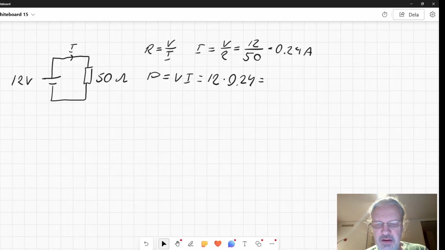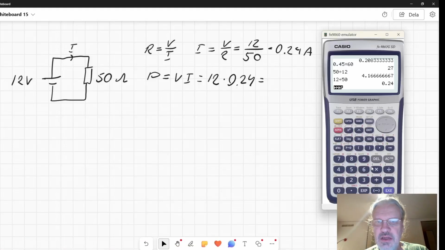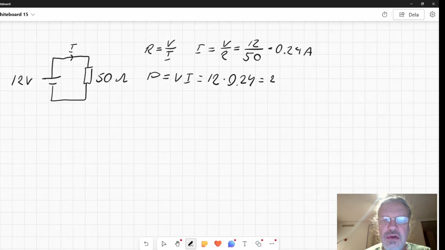And what we get here, we can take this times 12. Observe that when I just pressed times, it automatically filled in the ANS there. And we get 2.88 or 2.9 watts.